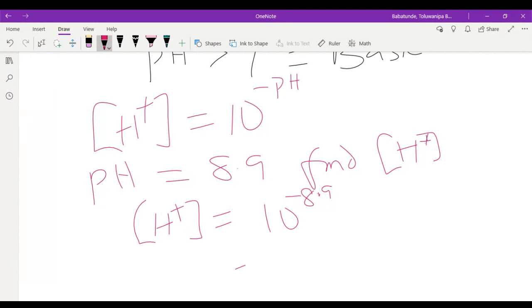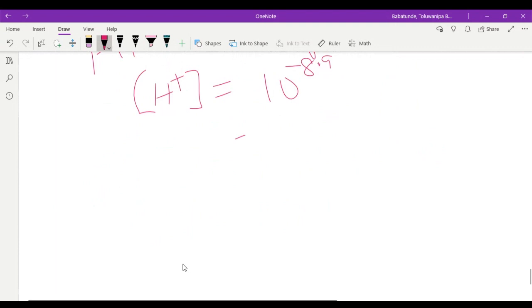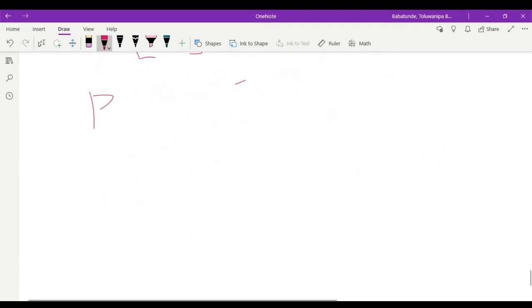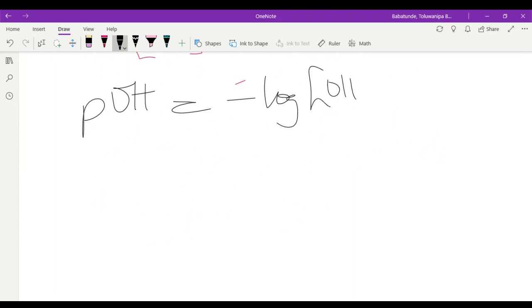All right. So we also have pOH. Another way of expressing the acidity or basicity of a solution is using pOH. pOH is given as the negative log of hydroxide ion concentration, and we can find the hydroxide ion concentration as well, which is equal to 10 to negative pOH.